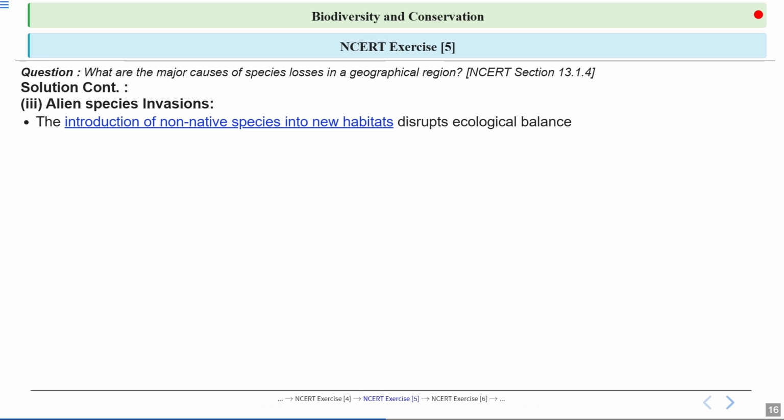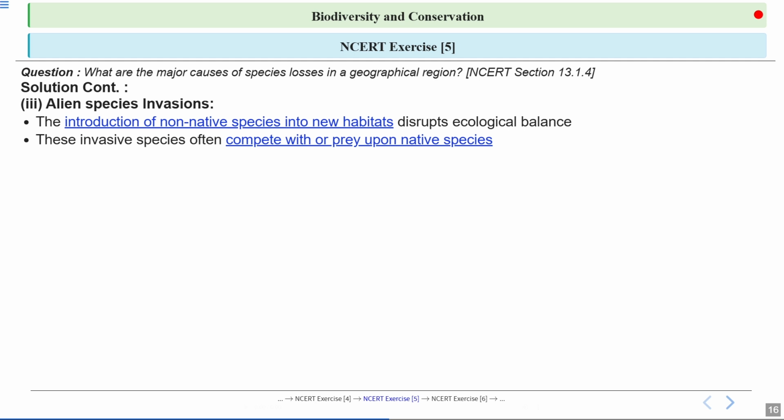They can introduce diseases, as I said. They can change the habitat structure, and thus this will reduce the overall biodiversity. And this will further lead to economic harm and ecological instability as well. Now, these invasive species, when introduced into a new environment, can harm native species.